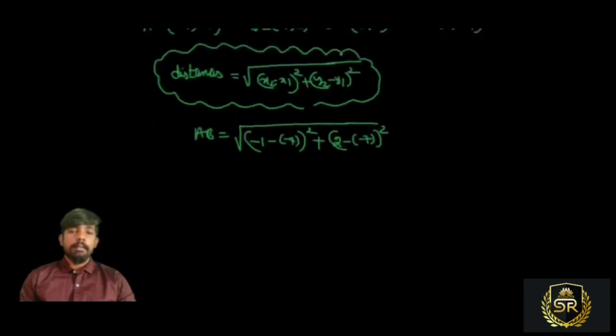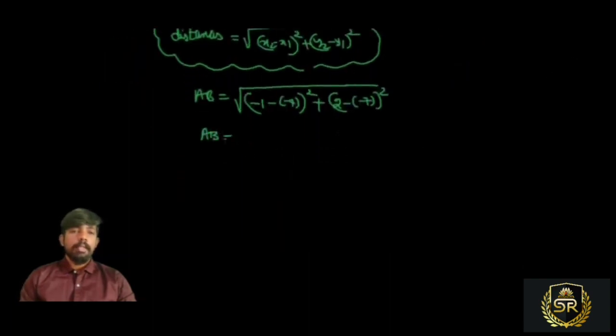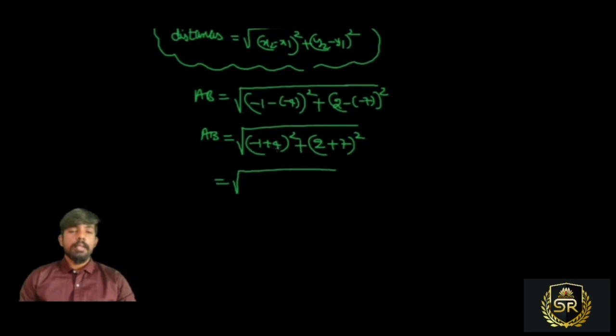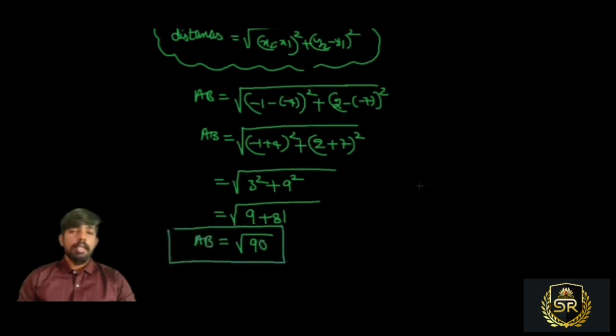AB equals root over minus 1 plus 4 whole square plus 2 plus 7 whole square. Minus 1 plus 4 is 3 square, and 2 plus 7 is 9 square. 3 square is 9, 9 nines are 81, so root over 90. AB distance is root over 90.